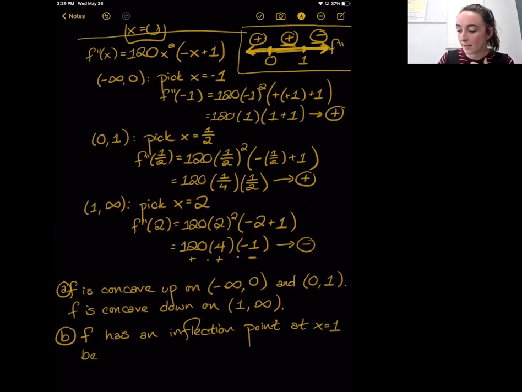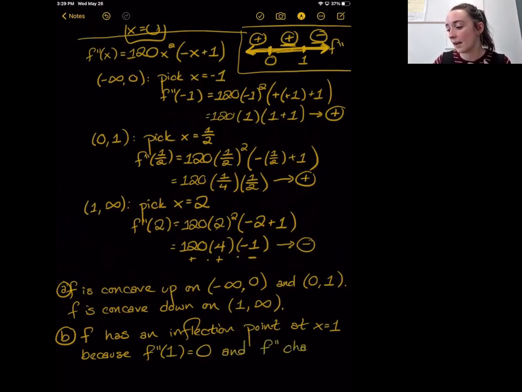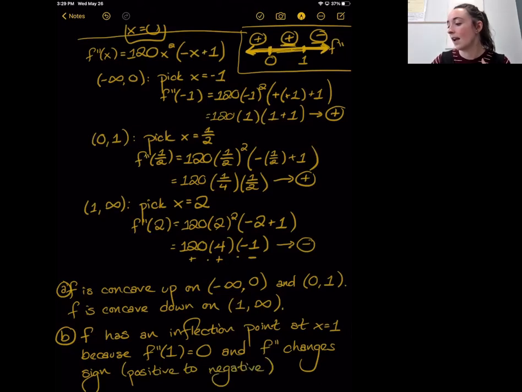And this is because f double prime of 1 is equal to 0, and the second derivative, f double prime, changes sign from positive to negative at this point.